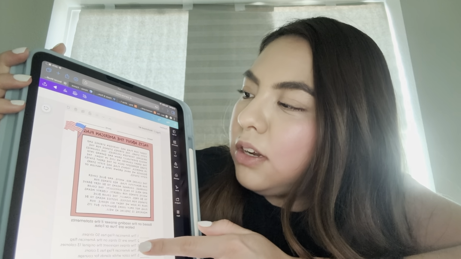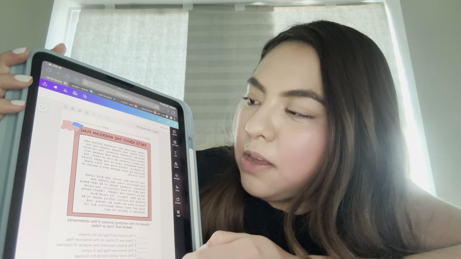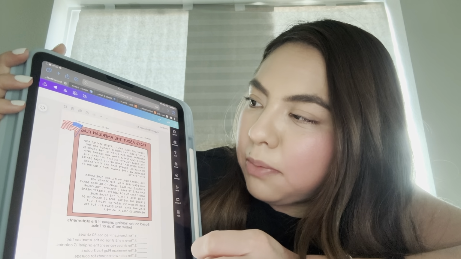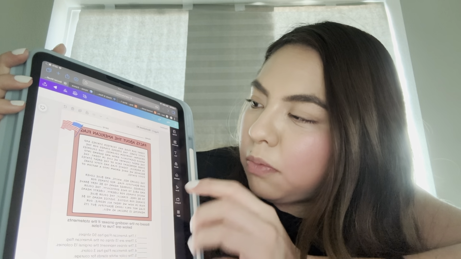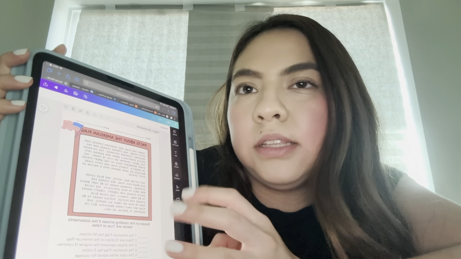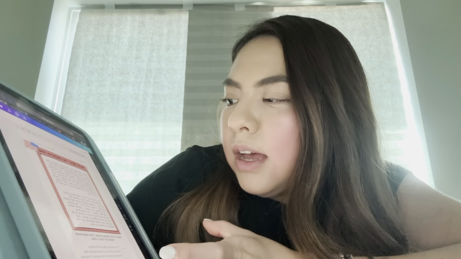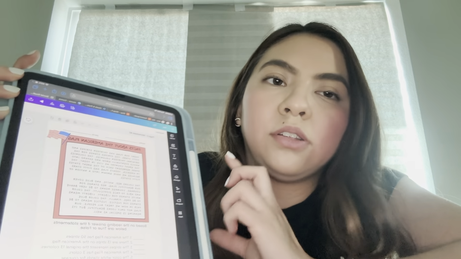And down here, this is my second worksheet. It says facts about the American flag. It's just a little paragraph that explains about the flag. For example, it says today our flag has 13 stripes and 50 stars. And then it says that the colors red, white, and blue cover our beautiful flag. Red stands for courage, and so on and so forth.